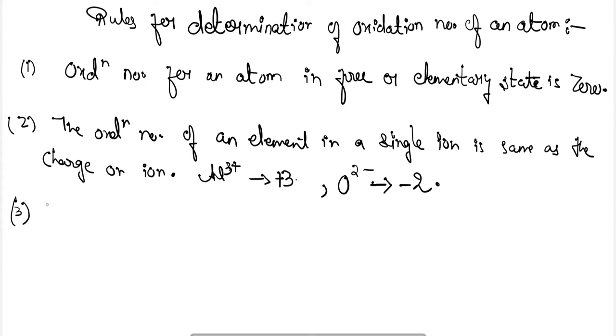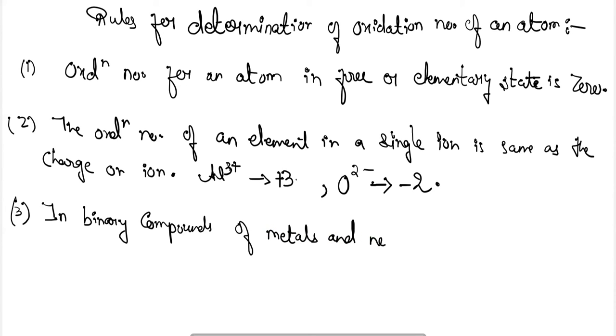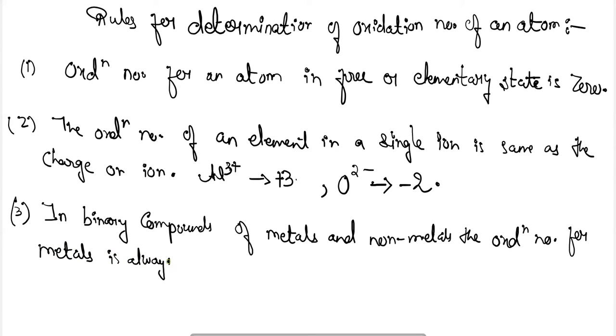Next, in binary compounds of metals and non-metals, the oxidation number for metals is always positive, and for non-metals it is always negative.